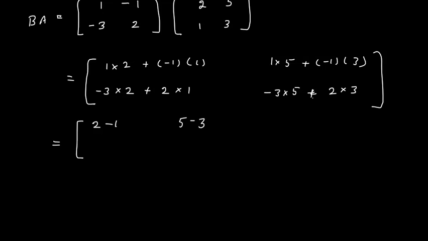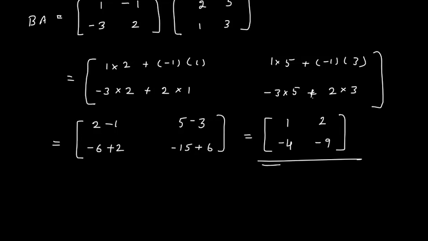Here it is minus 6 plus 2, and here it is minus 15 plus 6. So this is equals to 2 minus 1 is 1, 5 minus 3 is 2, minus 6 plus 2 is minus 4, minus 15 plus 6 is minus 9. So this is B cross A.